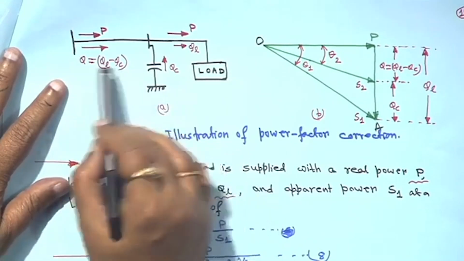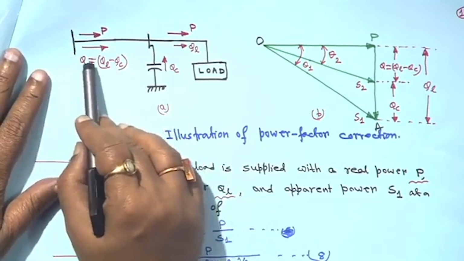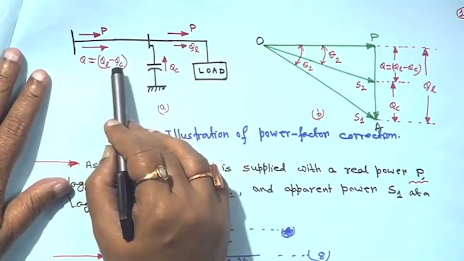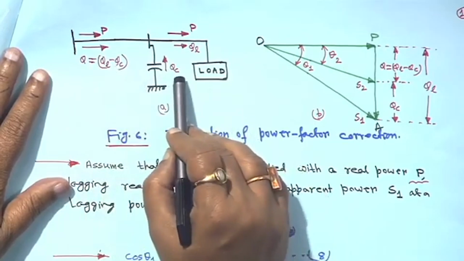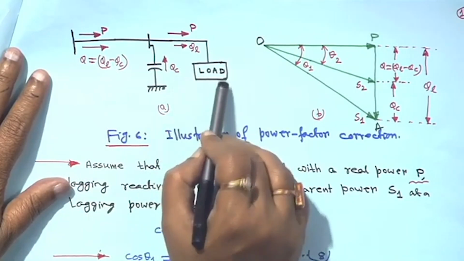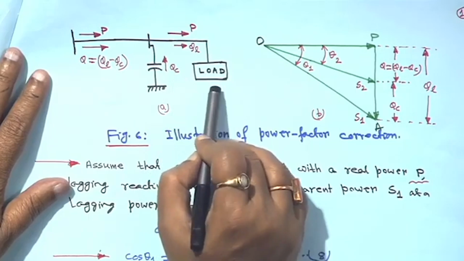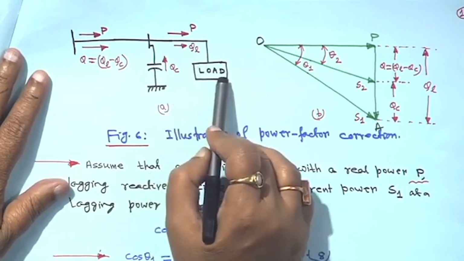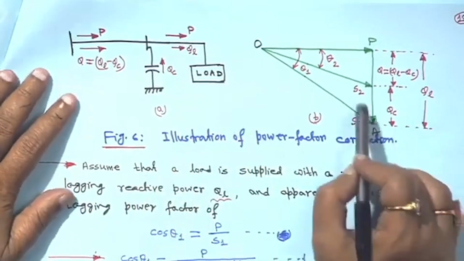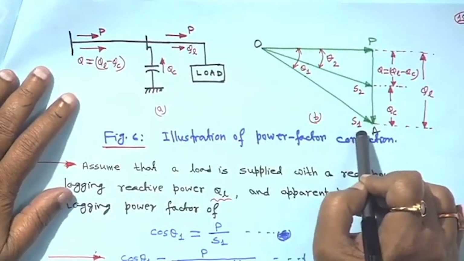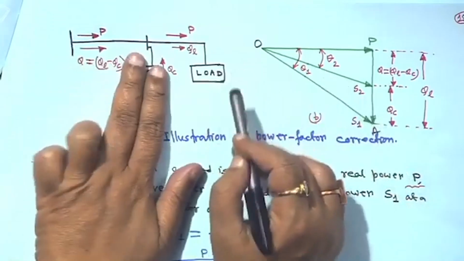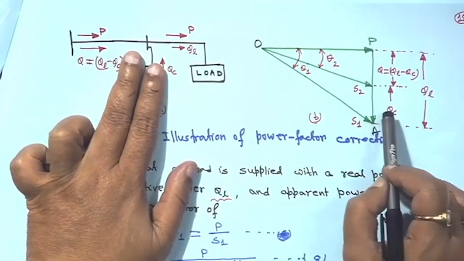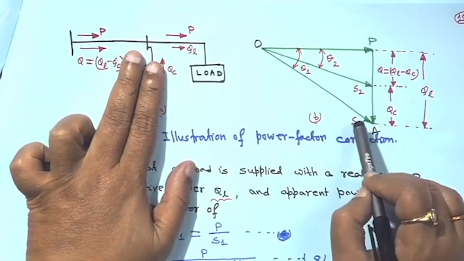It will draw less reactive power from the source or the grid, because the load reactive power is getting compensated, basically it will become Q_L minus Q_C. That is why, initially S1, the apparent power, when nothing is there, is equal to P square plus Q_L square.